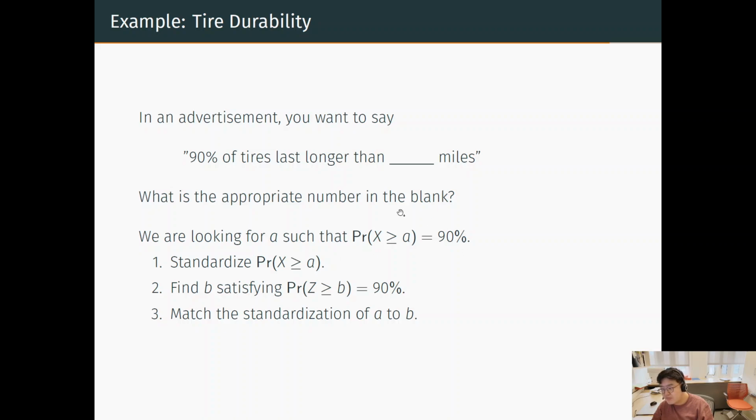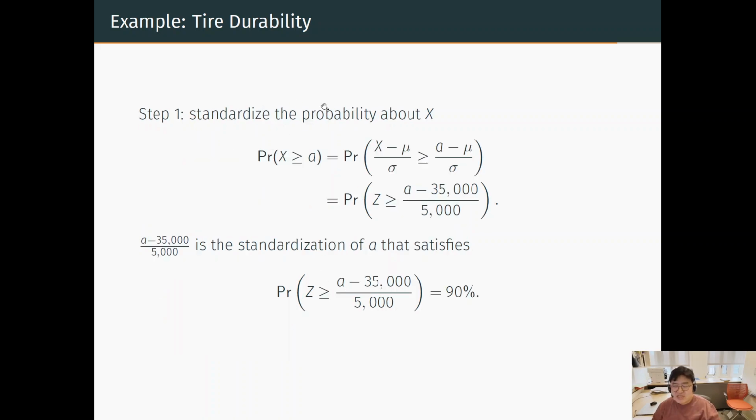So you are going to standardize. This is the clue. You are going to standardize X first, and then you get something like this, and you are going to find this probability equals 90%. So then you match A and B. Let me show you how it works. So standardization: we start from probability greater than A, but X is standardized, so A should be standardized, which is this.